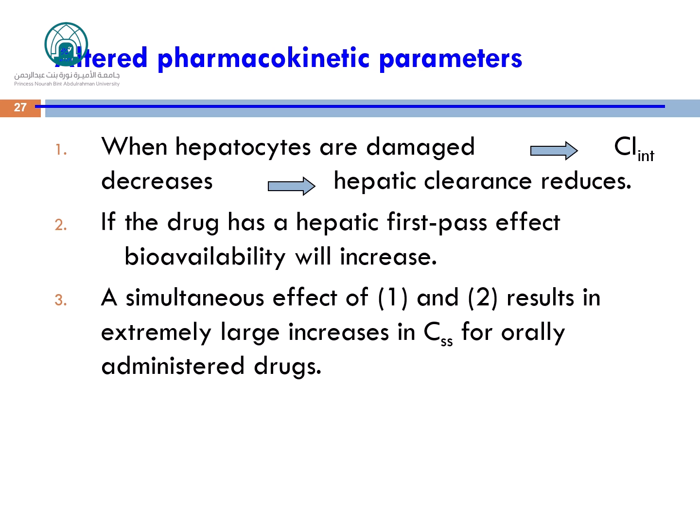Why is the metabolism reduced? Because of the dysfunction of the hepatocytes. Third, the simultaneous effect of 1 and 2 will result in an extremely large increase in the steady state concentration for an orally administered drug. So if there is a large increase in steady state concentration in systemic circulation, it will reach the toxic level.